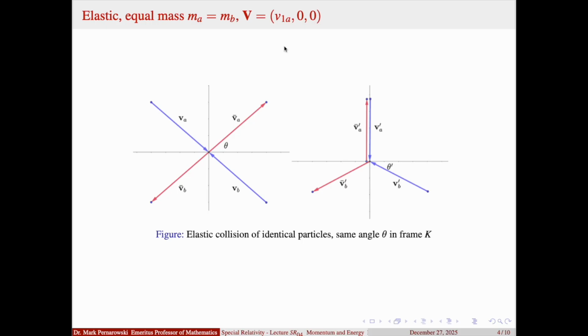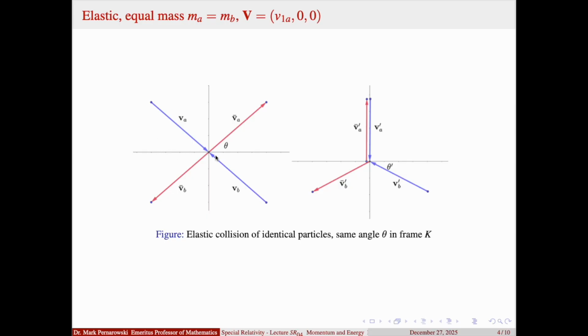We're going to pick an inertial frame K prime that's moving in the direction of the one component of the A velocity. That one component in this drawing on the left is this X component.